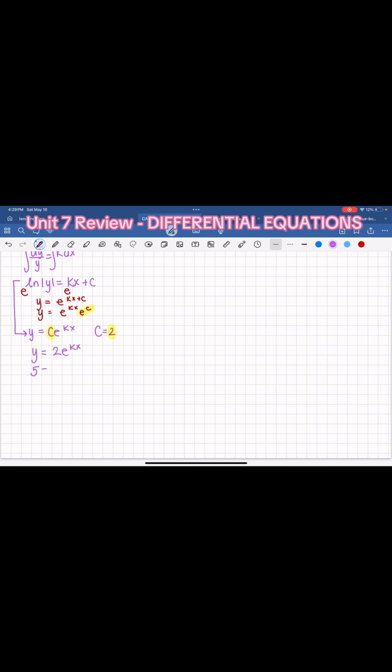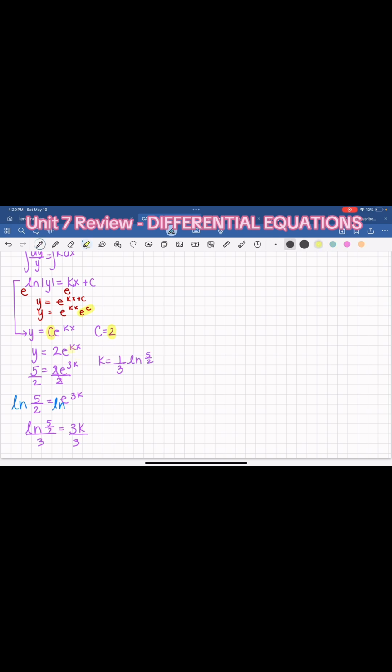So we're going to have 5 equals 2e to the 3k. Isolate the e. 5/2 equals e to the 3k. ln both sides. ln of 5/2 equals 3k. ln of e to the anything is anything. And divide out the 3. So then k comes out to be 1/3 ln of 5/2.